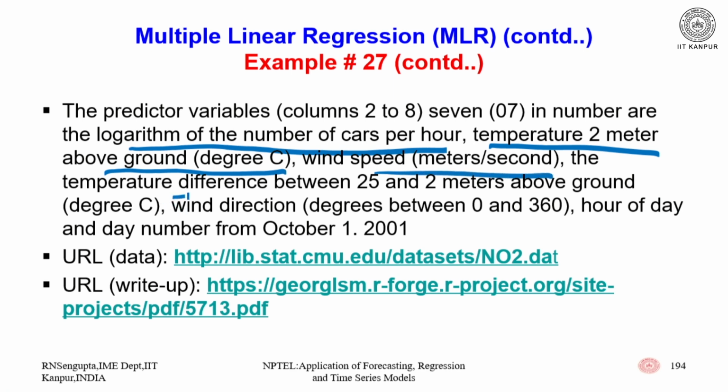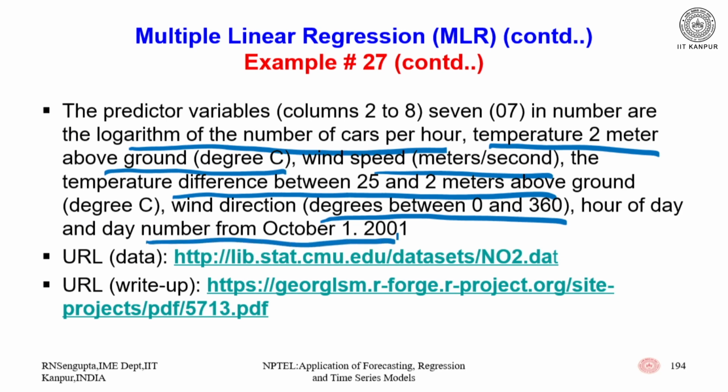The next one is the temperature difference between heights of 2 and 25 meters above ground, the wind direction measured from 0 to 360, hour of the day and the day number. Again, the data can be found at Carnegie Mellon University statistical data, which also has a lot of data sets, and the write up can be found at the link given.